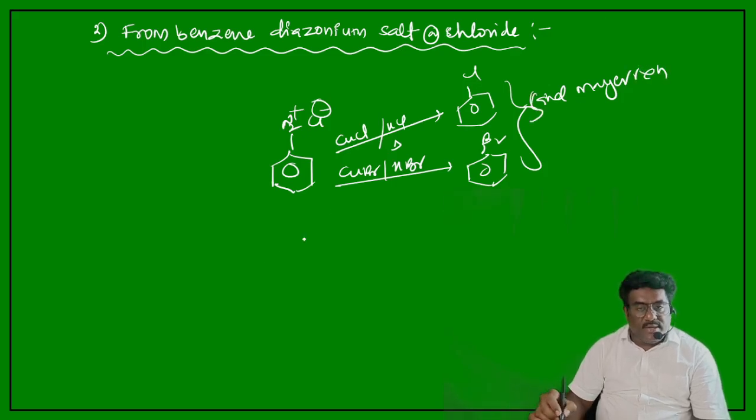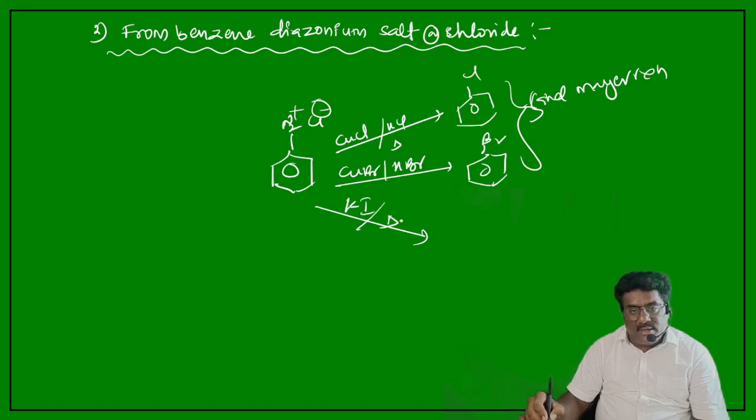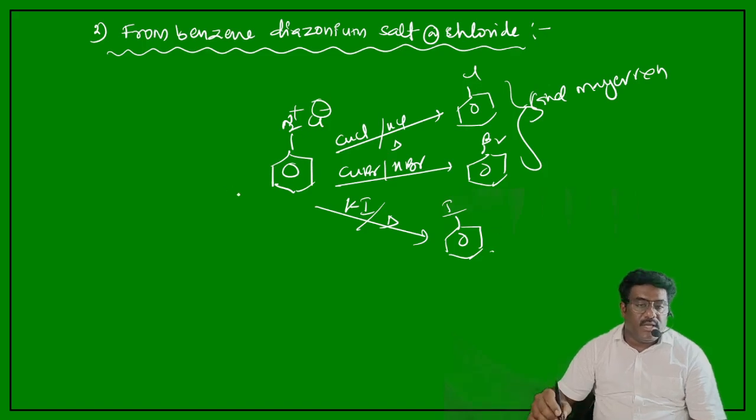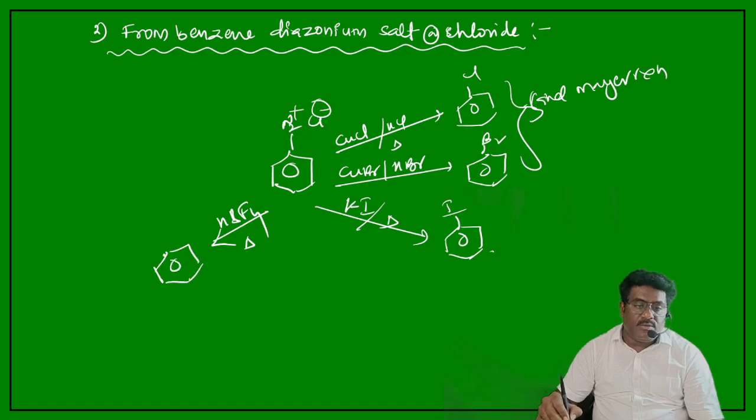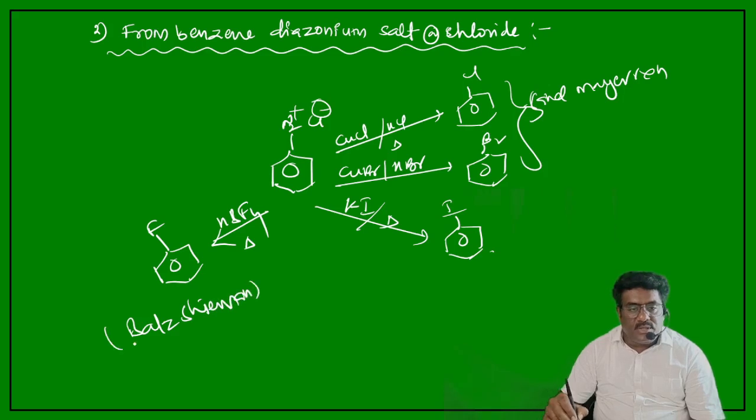If treated with potassium iodide, KI, heating, it gives iodobenzene. It is not a Sandmeyer reaction. If it is treated with HBF4, tetrafluoroborate, heating, it gives fluorobenzene. It is a Balz-Schiemann reaction.